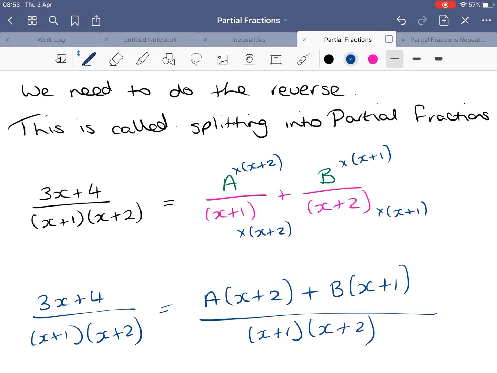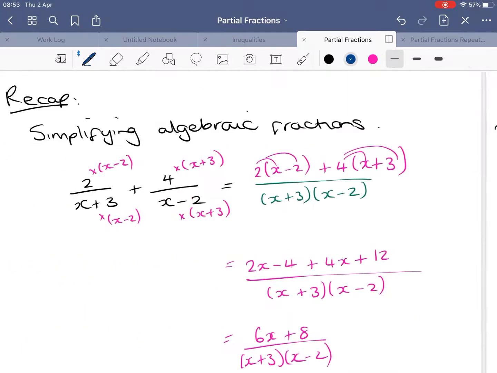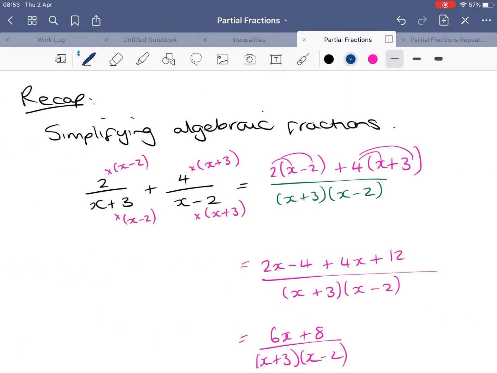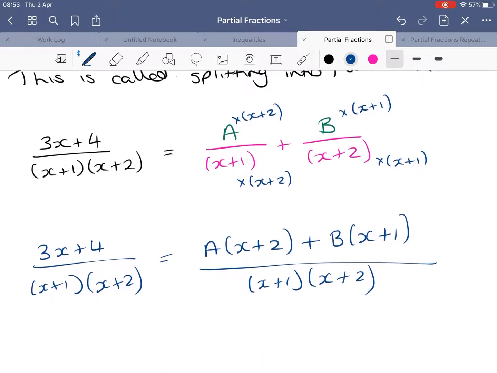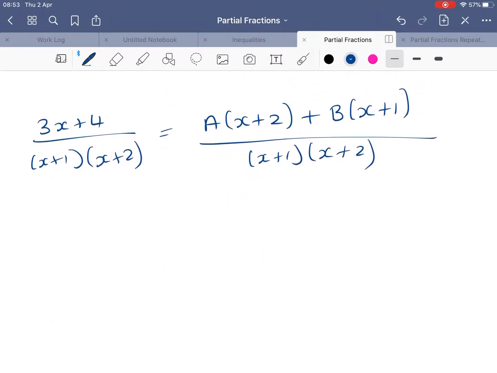Because I just combined those fractions together, just like I did in the previous example, just like I did here. Only in this case, I've got a letter A and the letter B. Okay, now actually I'm trying to solve an equation here because I'm trying to work out what the value of A and B is.